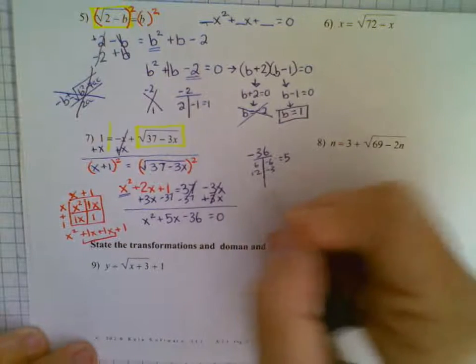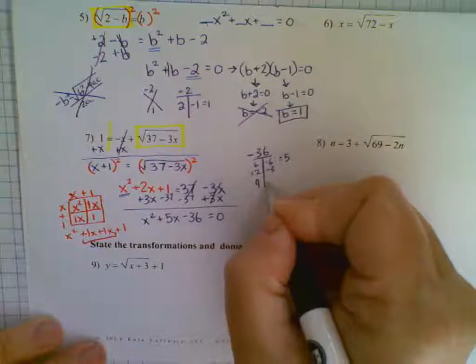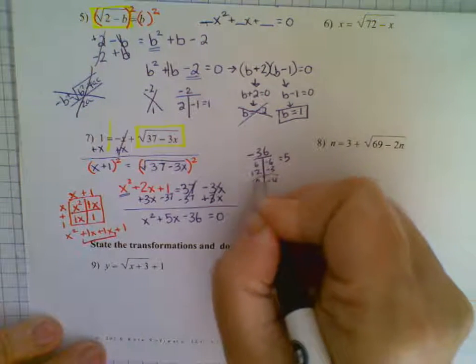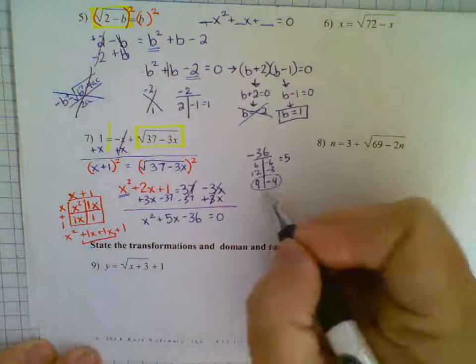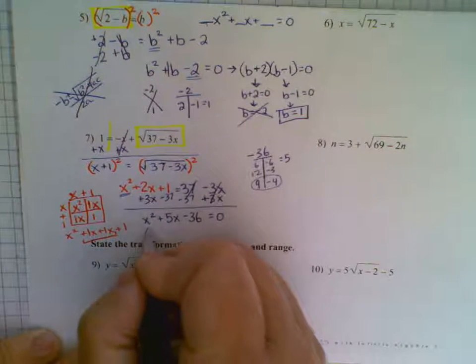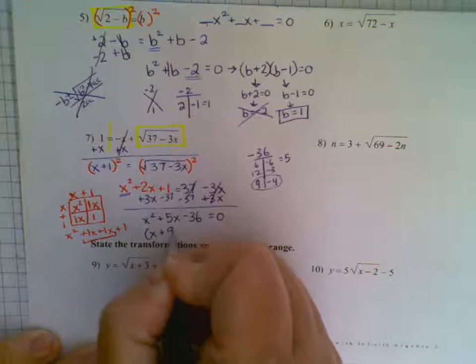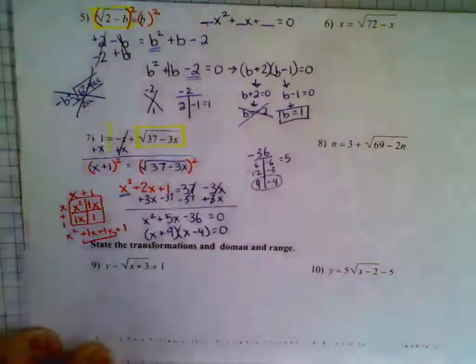And eventually, you might have to try a few pairs, but eventually you might come up with 9 and negative 4. That is the correct pair. 9 times negative 4 is negative 36, and 9 plus negative 4 gives you 5, which means we have x plus 9 and x minus 4 equals 0.